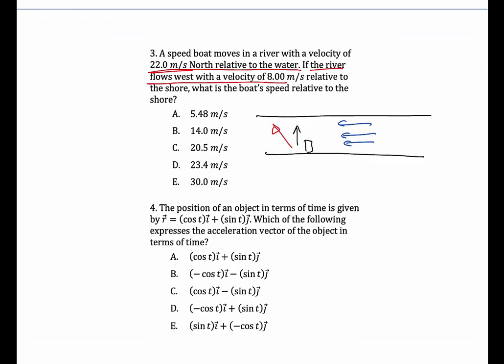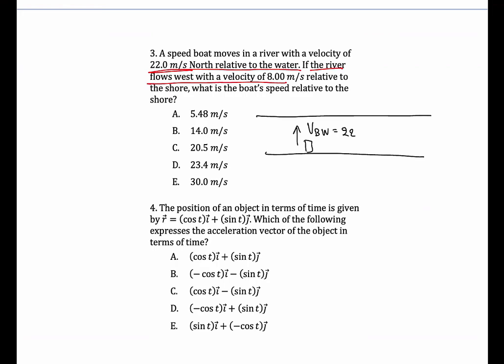However, if we don't understand from the context of the question, we can say that there is the speed of the boat with respect to the water. I call it BW, and we know that it is 22 and it is north.